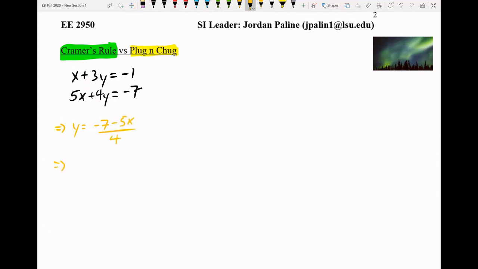Then you'll come in here and you'll do x plus 3 times -7 minus 5x over 4 is equal to -1. Then you'll solve for x. And then you'll come back and you'll solve for y by plugging it back in. Okay, so that's, I mean, it's just very basic plug and chug.